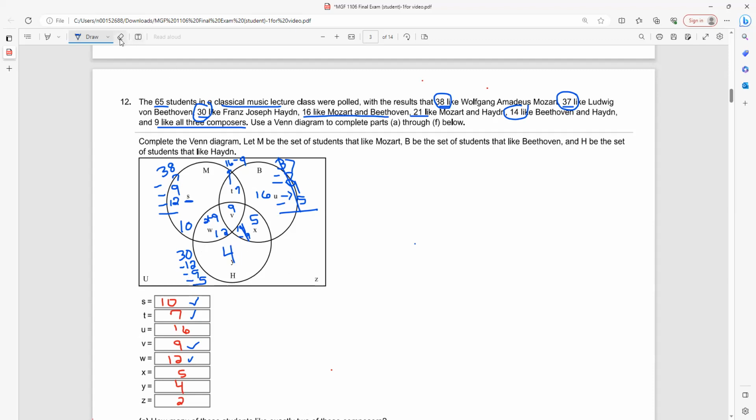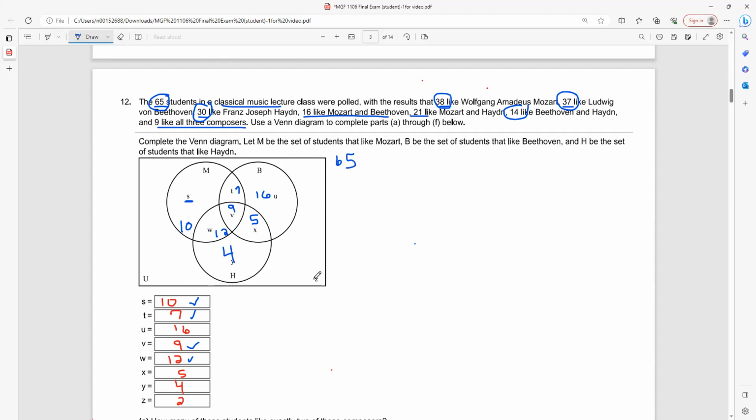Okay, let's remove some of these operators here. Here we've completed these sections of the circle. And the last letter, this would be the students that didn't choose either of these composers. Remember, there were 65 students that were polled in all. So we take that 65 and we're going to subtract all of these values that are contained in the circle.